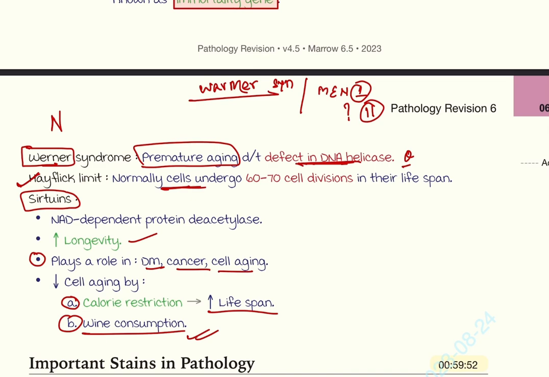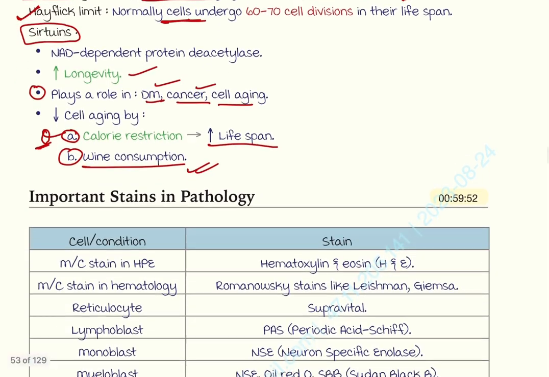Sirtuins reduce free radical injury, increase insulin sensitivity and increase DNA repair, by which they can protect us from these dangerous conditions. The question asked is that calorie restriction can increase the sirtuins level. This is what we have to remember.